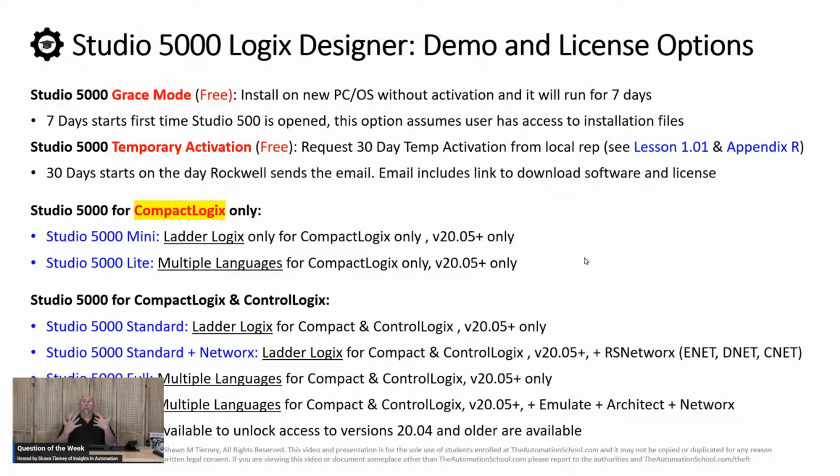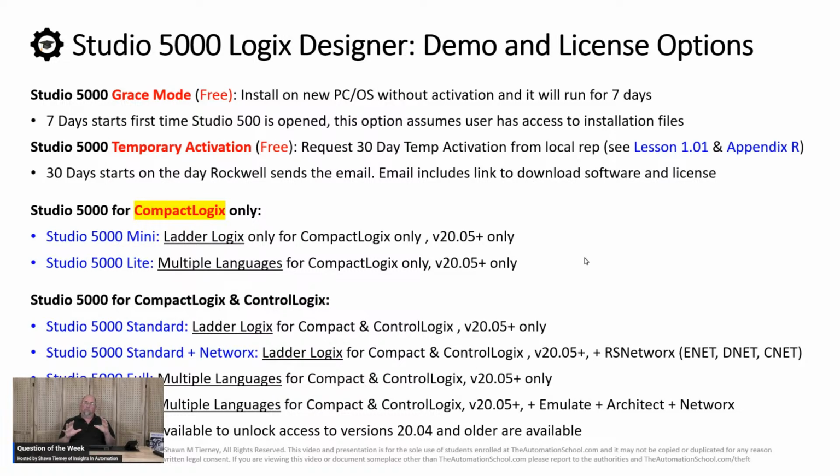Many of you may have seen my other episodes where I talked about how you can get Connected Components Workbench to program the Micro800 and the PowerFlex drives and other stuff for free. And you may have seen my video about how to get the MicroLogix 1000, 1100 and emulate software for free. But when it comes to Studio 5000 Logix Designer, there's no link.